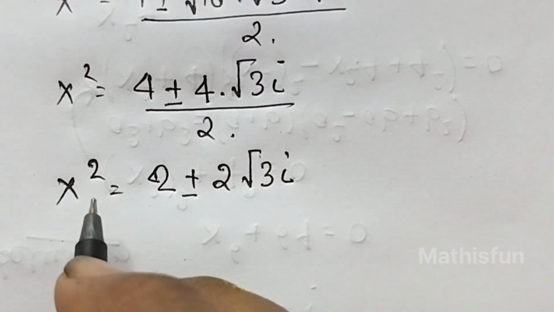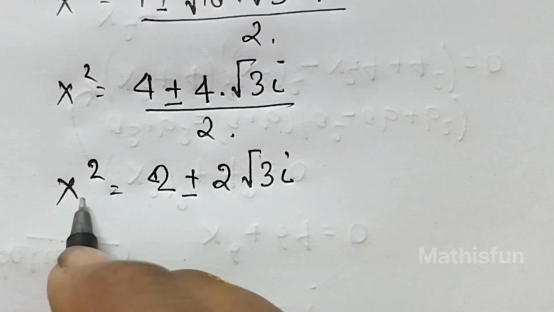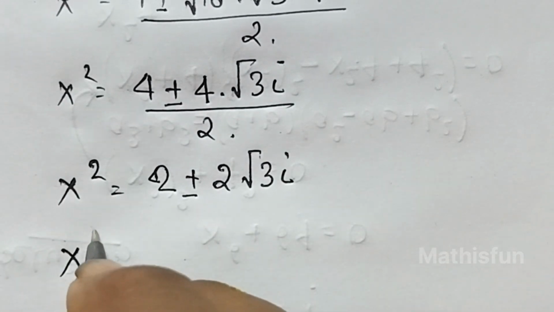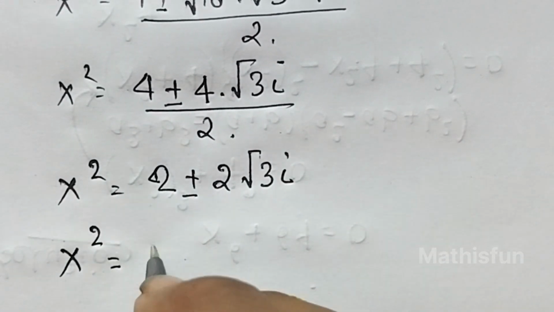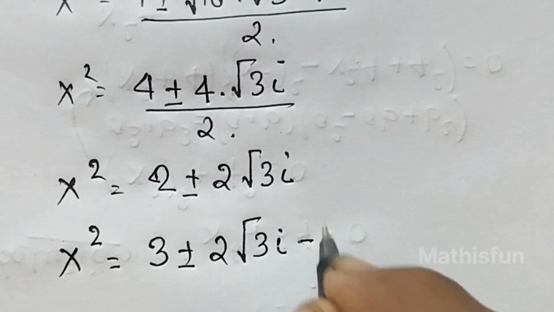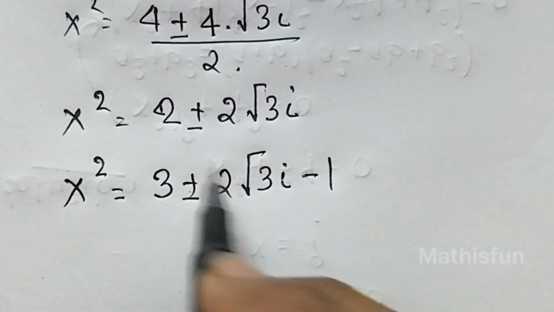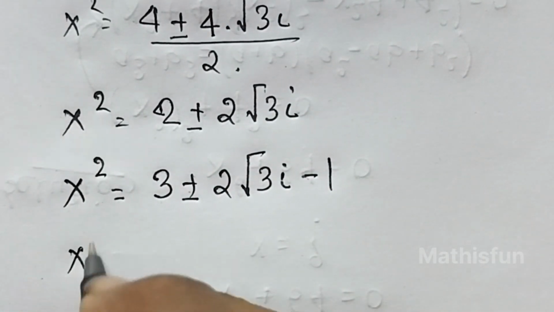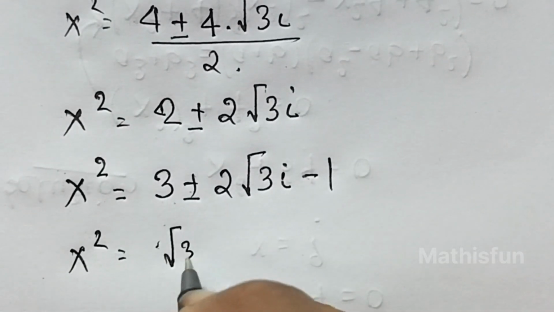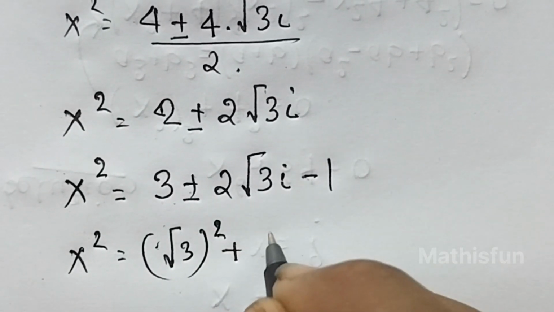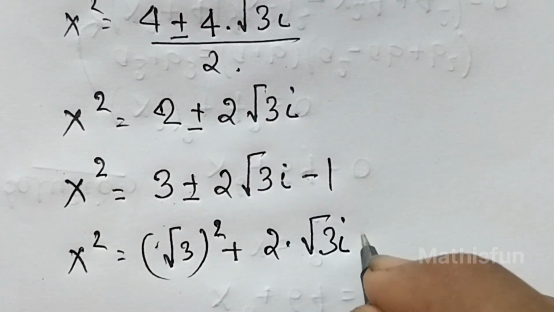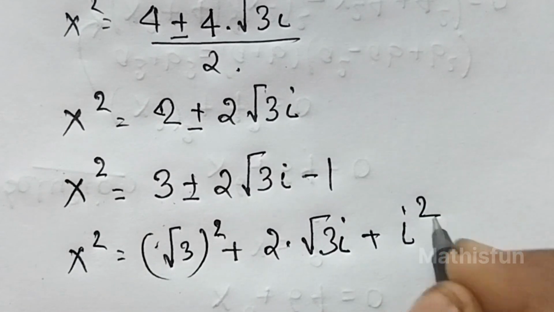Now we have to find the value of x. Here we got x square, so x square is equal to 3 plus minus 2 root 3 i minus 1, since 3 minus 1 will give you 2. So x square is equal to, this can be written as root 3 square plus 2 into root 3 i plus minus 1, which can be written as i square.